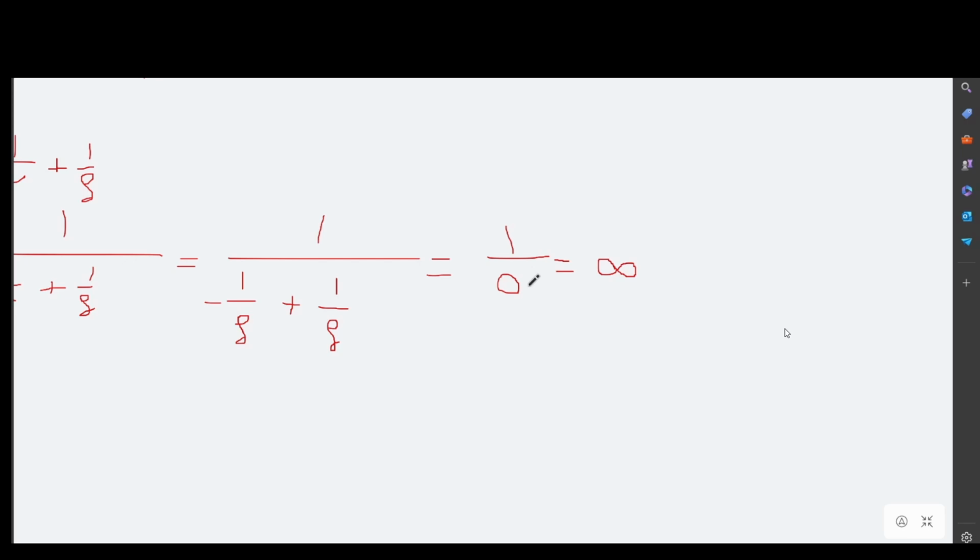Or 1 divided by a 1,000th, then that's 1,000. And if you go 1 divided by a trillionth, that's a trillion. So the closer you get to 0, the much bigger the number gets, which is why 1 divided by 0 equals infinity.